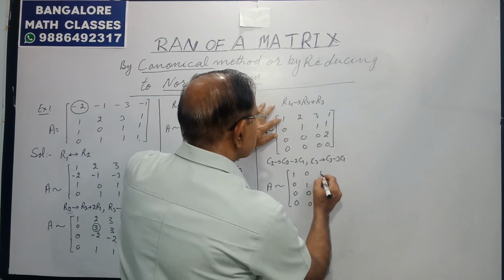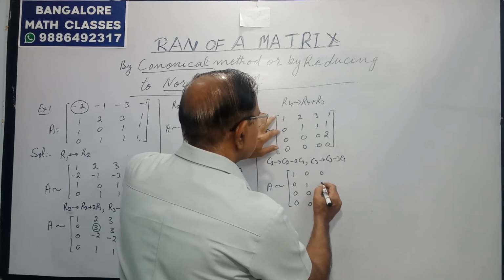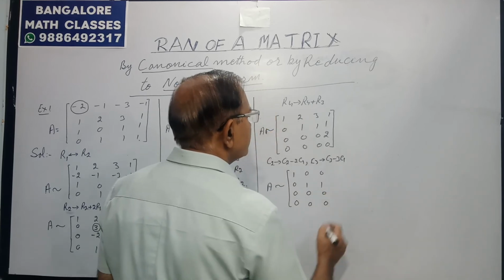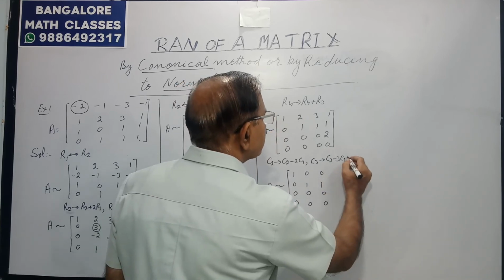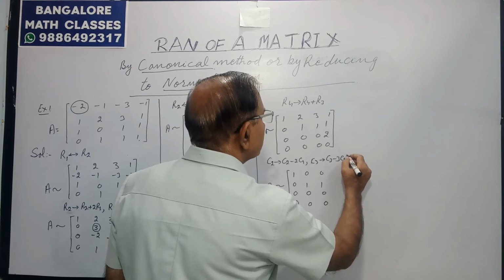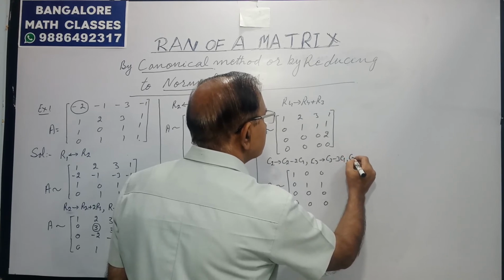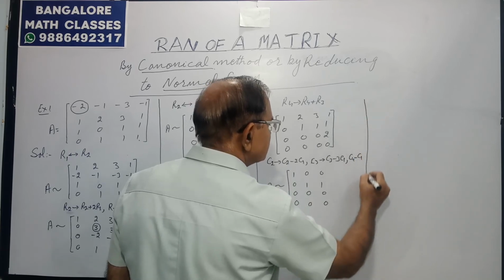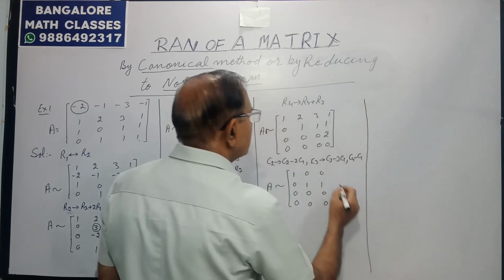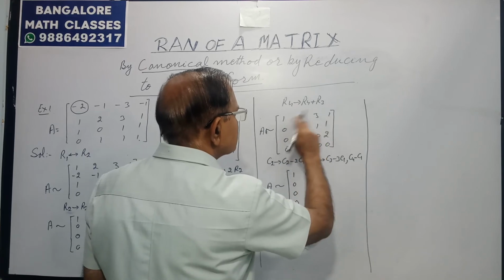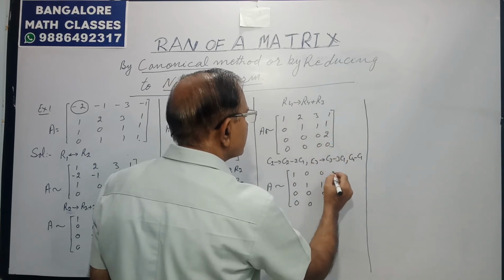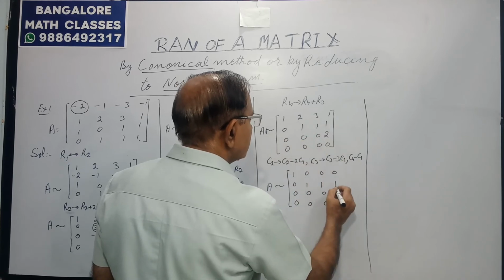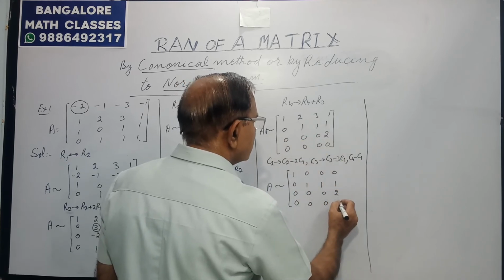Now directly C4 minus C1, to make 0 here. Subtract.